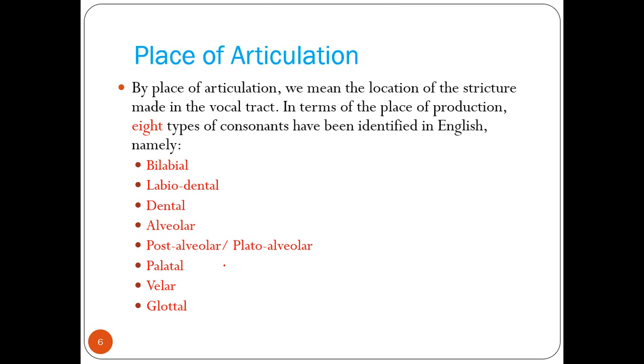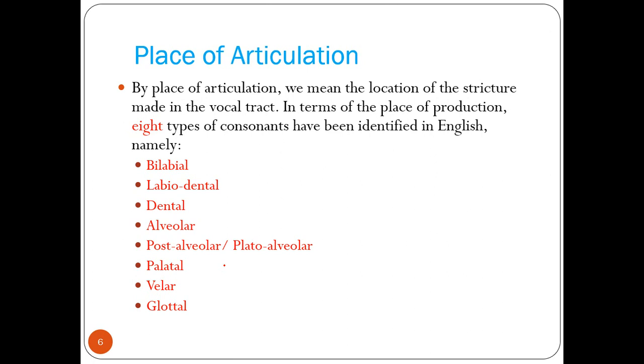Post-alveolar sounds are produced with the help of the tongue and the post-alveolar area. And then we have got the palatal area, which is relatively rarer, somewhere in the middle of the mouth cavity.